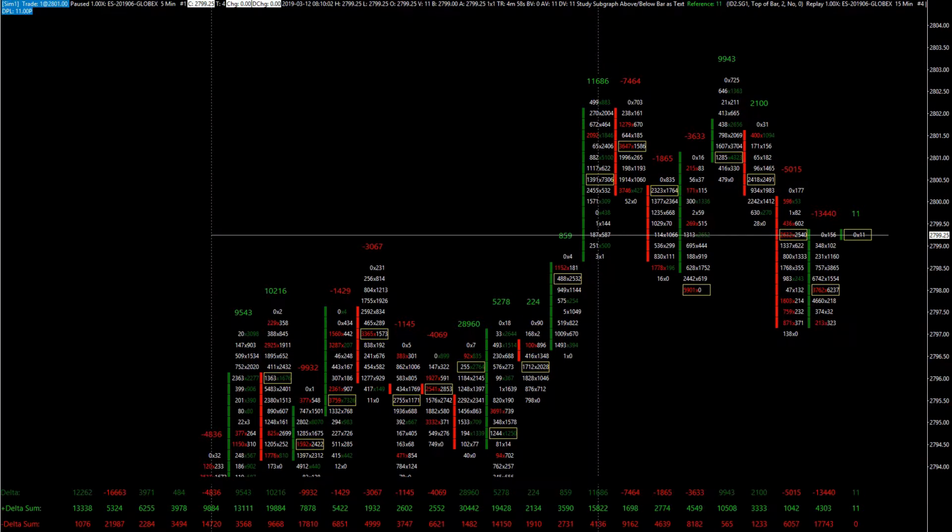You have a few thousand trades hitting the ask, lifting the ask. Here you have 4,300 or so, 3,700, 2,000, 2,600 versus the bid side, then in the 1,000s and the 700s, 800s, 400s.